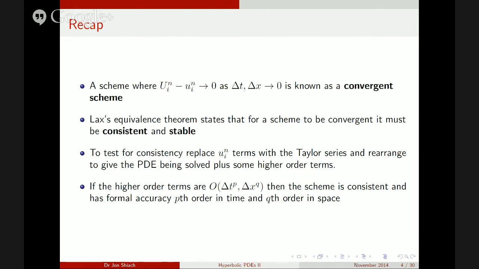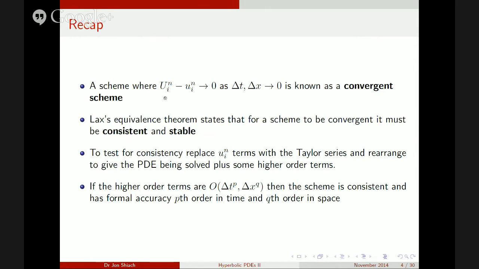We looked at the idea of a convergent scheme, using the Lax equivalence theorem. I was halfway through that. I've done one half of the Lax equivalence showing it's convergent. Today, we're going to be looking at the other half.